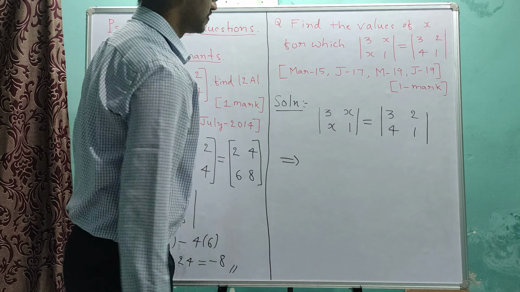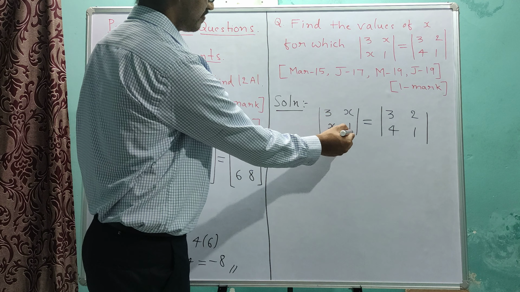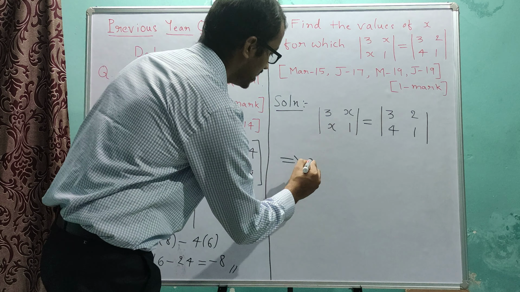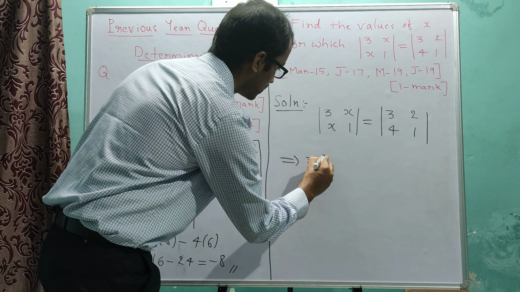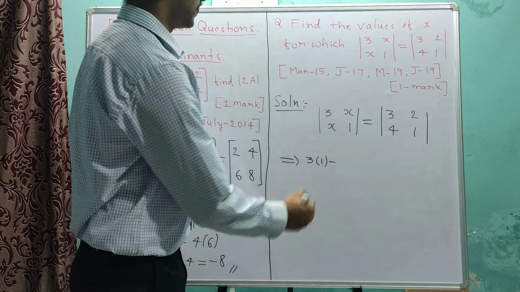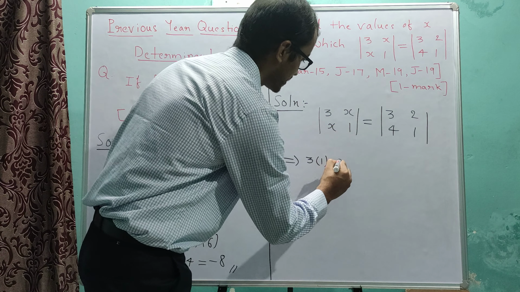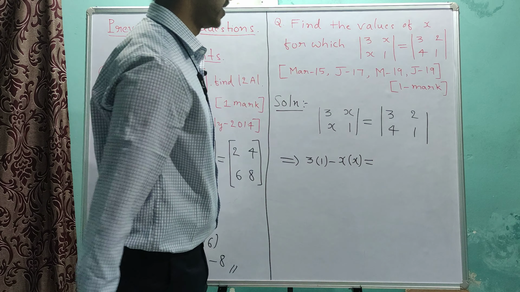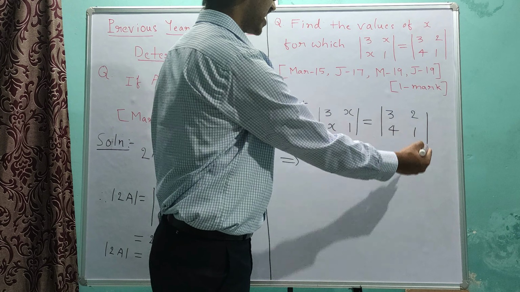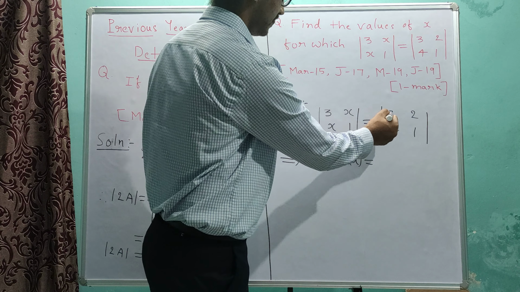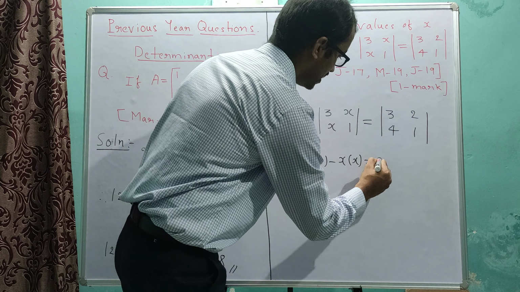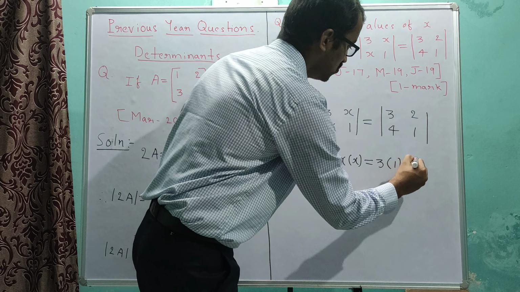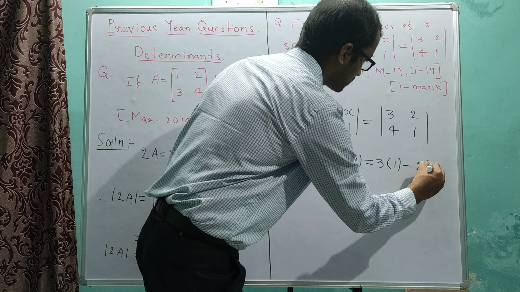So if you expand this determinant, that is 3 into 1 minus x into x, is equal to, again expanding the determinant on the RHS, 3 into 1 minus 2 into 4.